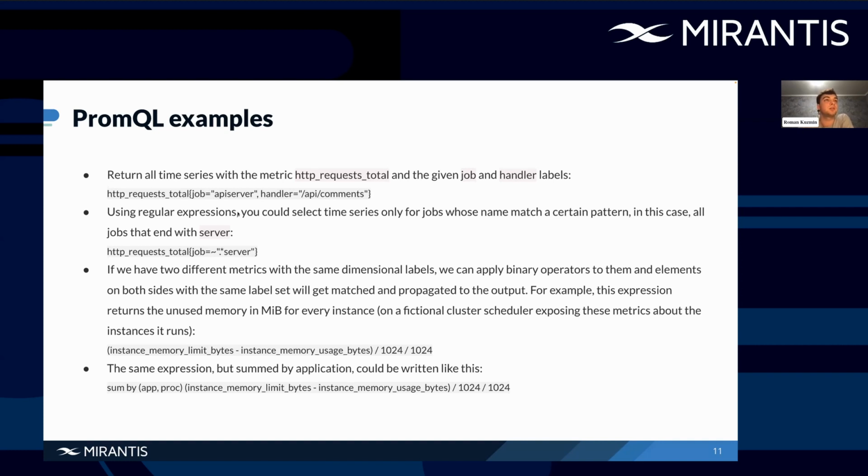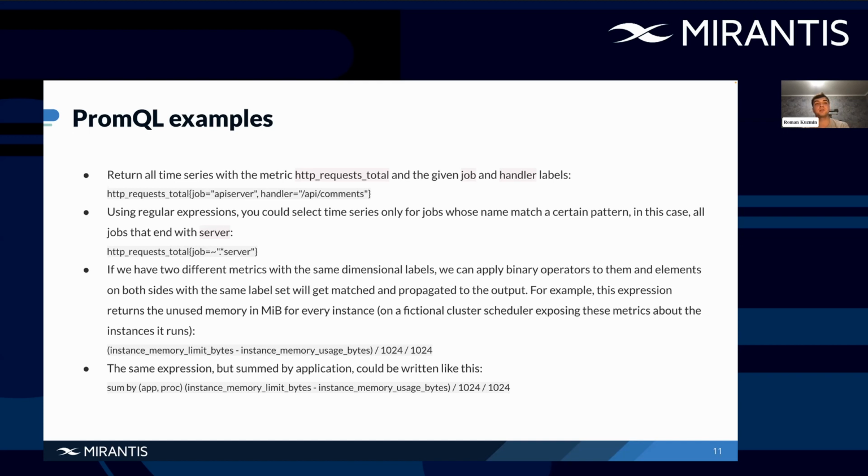The second example is using regular expressions, since PromQL can use regular expressions. You could select time series only for jobs whose name matches a certain pattern, for example. In this case, all the jobs that end with server will match this query.